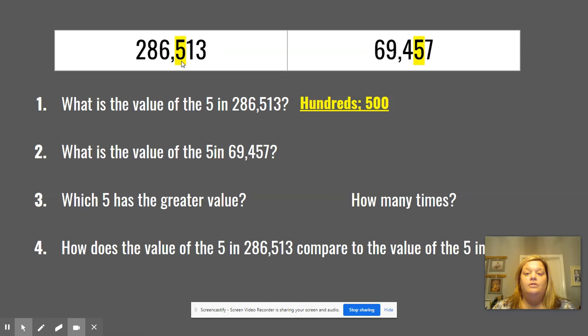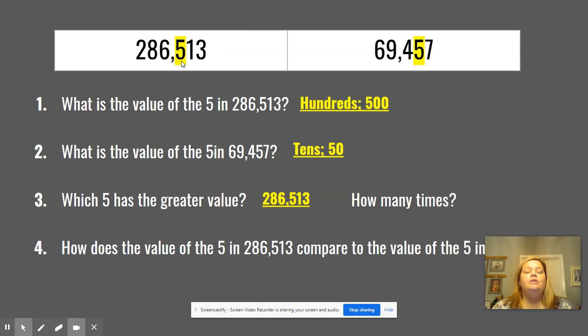Hopefully, and I know you did it because y'all are really smart, the 5 is in the tens place, so it's going to be worth 50. All right, now, if you have 500, then you have 50. What's greater? Would you rather have $500 or $50? Myself, I'd like to have $500. So the greatest value with the 5 is going to be the one that equals 500.